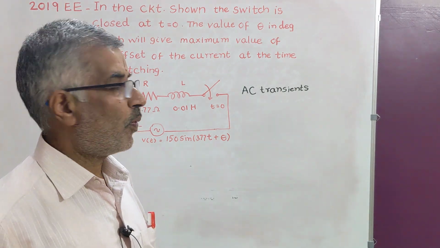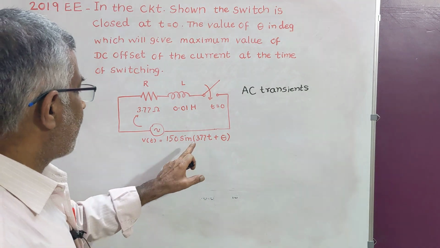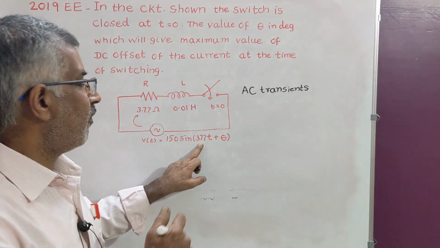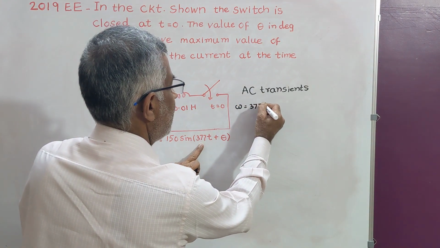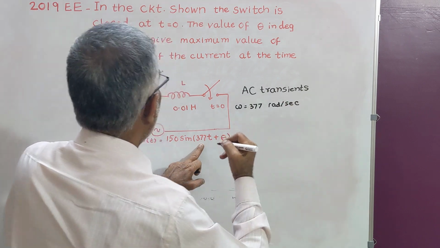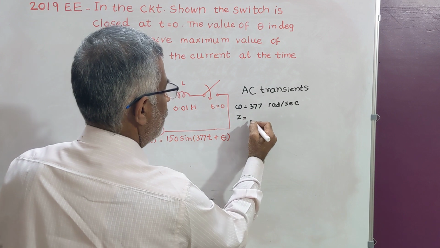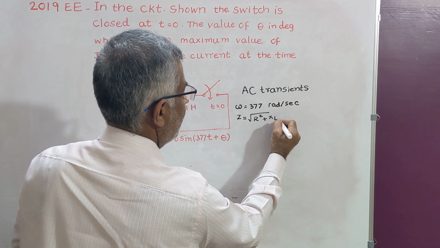First, I will explain a few points for you. First, let us make calculations. So, what is this 377? 377 is the angular velocity omega. Omega is 377 radians per second. Then, what is the impedance of the circuit? Impedance of the circuit is square root of R square plus XL square.